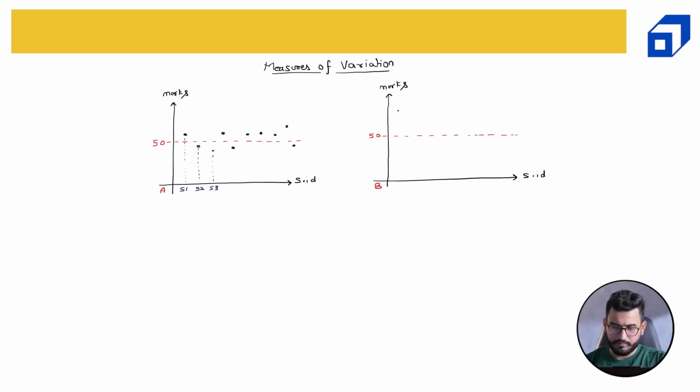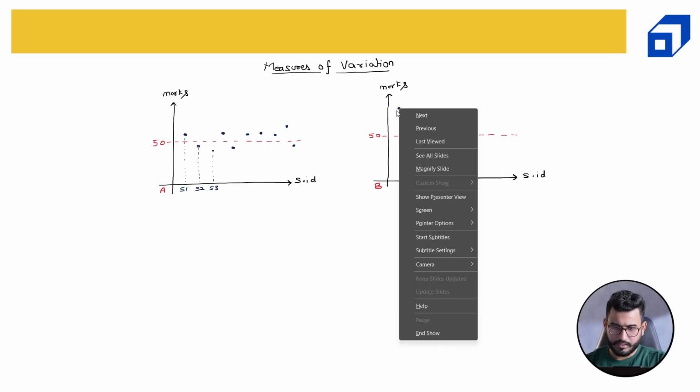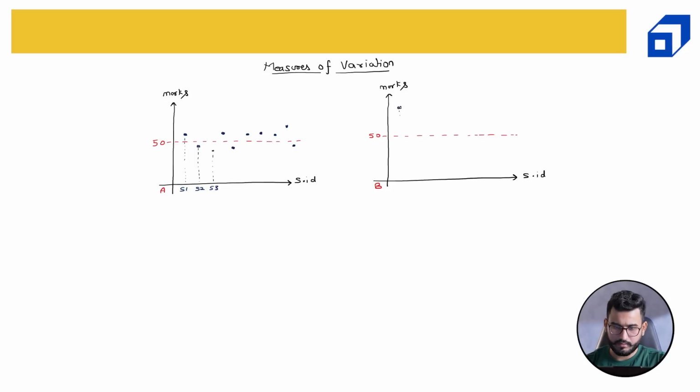For subject B, this point represents the marks of student number 1, this for student number 2, then 3, 4, 5, 6, 7, 8 and 9 and let's say 10.